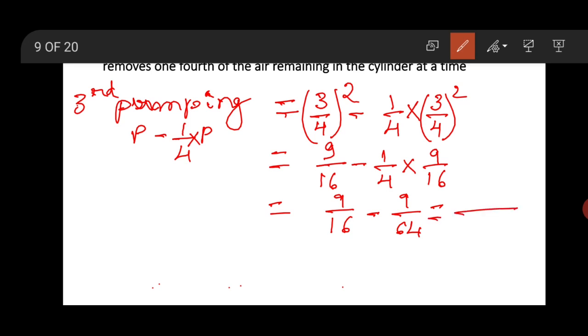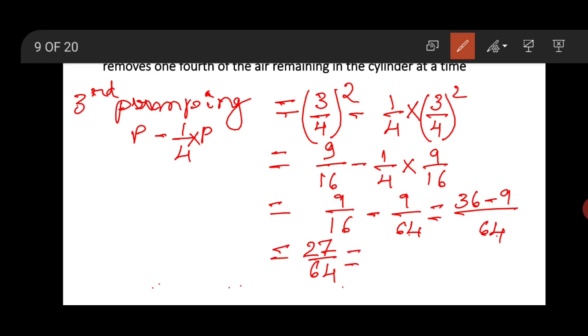Denominators are not the same, so how can you make them similar? 16 and 64, take the LCM, which is 64. 4 nines are 36 minus 9 is equal to 27 divided by 64.